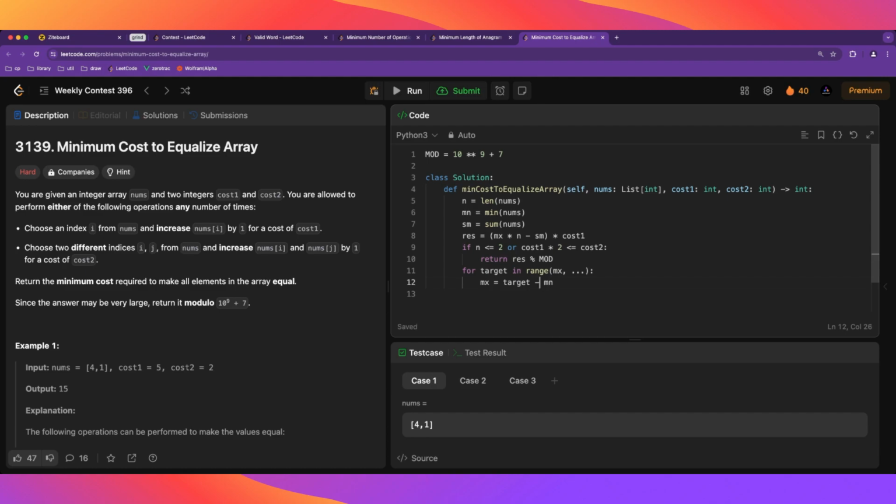This is the maximum number of increments that we're going to need to get to the target. And then the total number of increments is going to be target times n minus the sum, right?